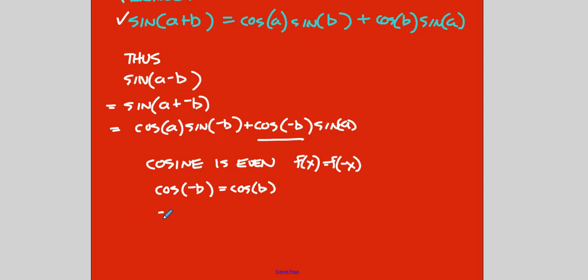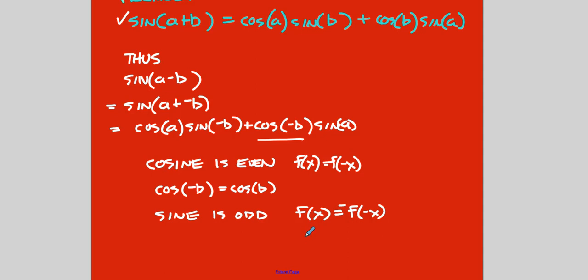And then sine is odd. If some function f is odd, that means that f of x equals the negative of f of negative x. Let's also rearrange this.